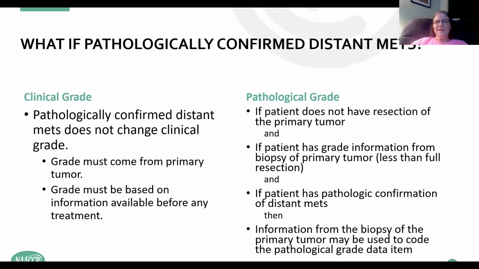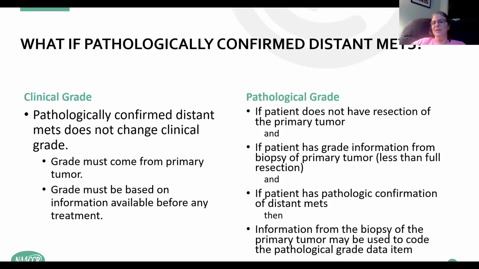So back to our pathologically confirmed distant mets. If during the clinical workup, so imaging, biopsy, you have pathologically confirmed distant mets, it does not change the clinical grade because you're still getting the grade from the primary tumor. If all you have is confirmation of distant mets, you have no information on the primary tumor, then your grade would be 9.